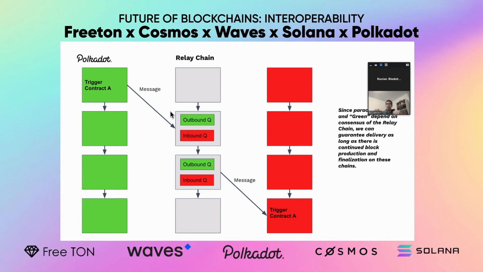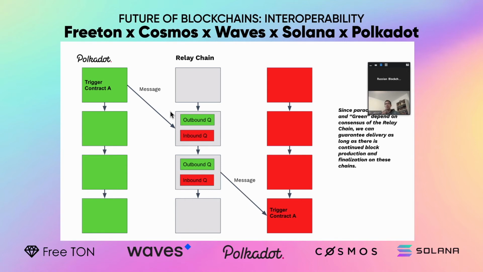And since all of the parachains are following the relay chain in terms of finality, we know that as long as blocks are being produced, this message will end up at the red parachain.